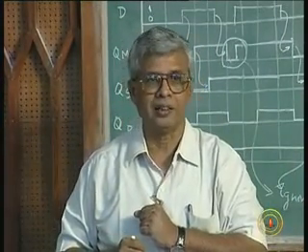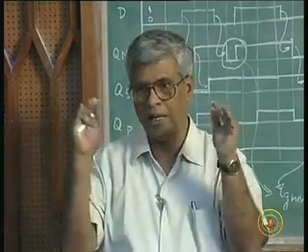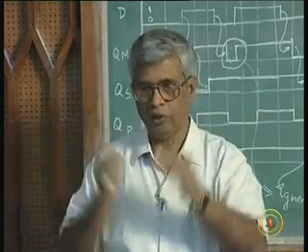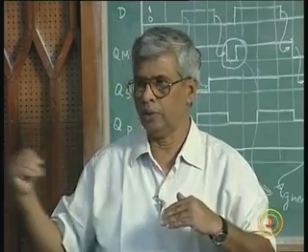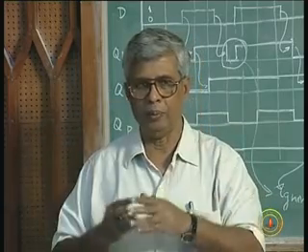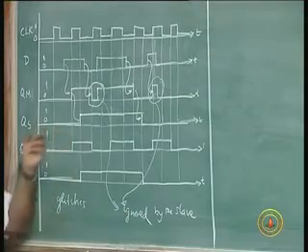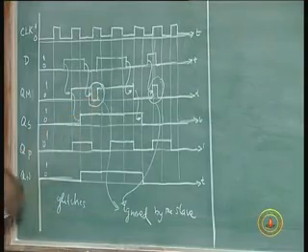These are called glitches, which are undesirable. I don't want glitches, I want a flat waveform, 0, 1, 0, 1, like that. For any waveform to be of use, it should last for at least 1 clock period.